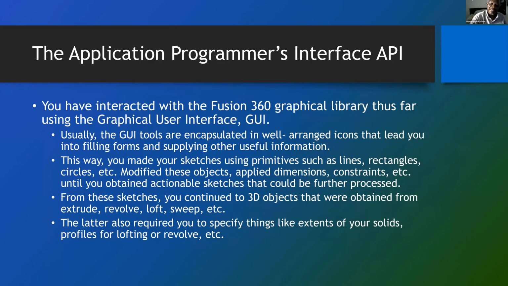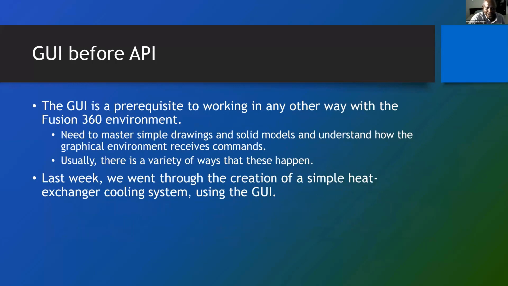So just know that whether you use the API or you use the GUI, you are still referencing the same applications framework, that a graphical application framework that Fusion 360 presents can be reached from those two ends, and the two can be mixed. GUI before API. The GUI is a prerequisite to working in any other way with the Fusion 360 environment.